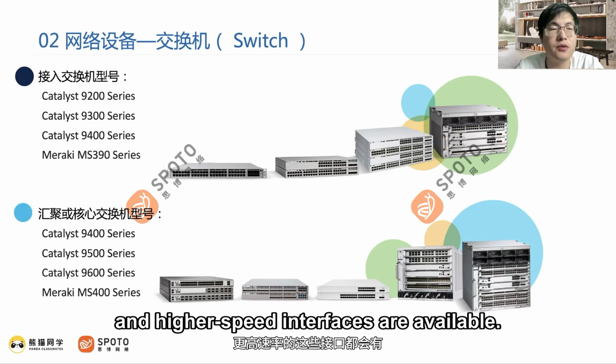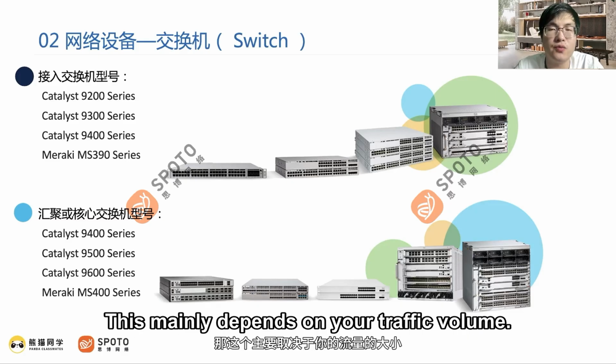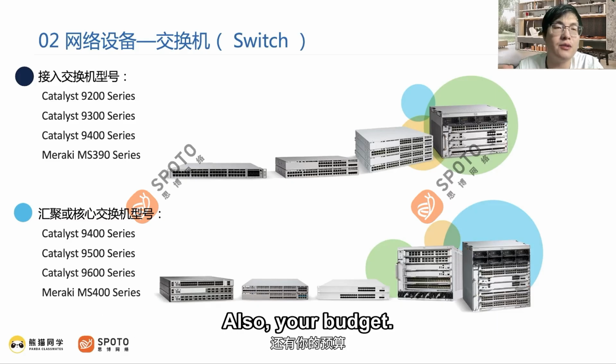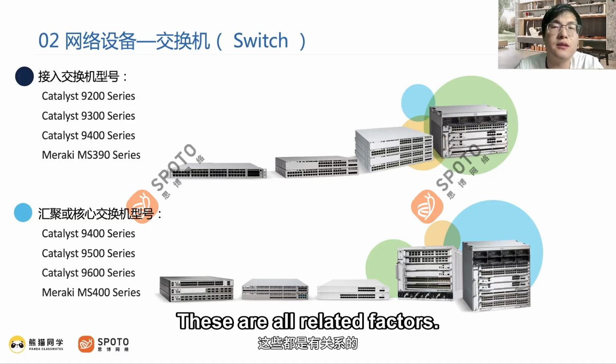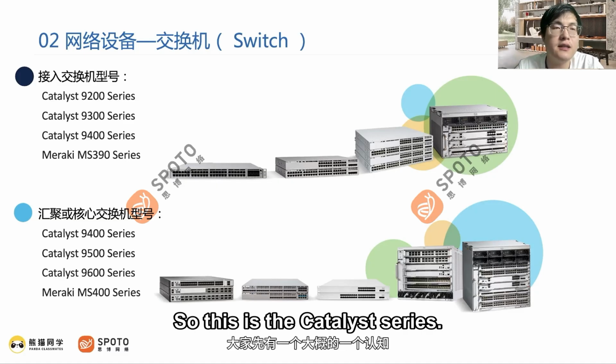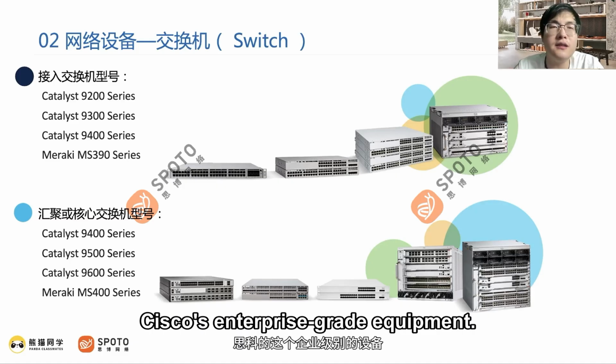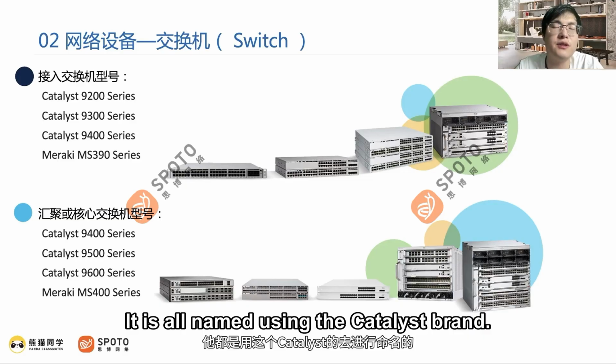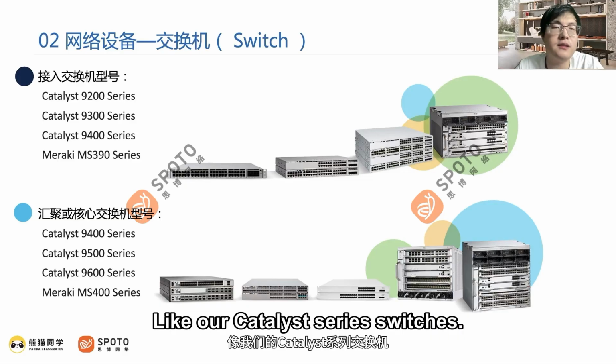And higher speed interfaces are available. This mainly depends on your traffic volume. Also, your budget. These are all related factors. Just have a general idea about this first. So this is the Catalyst series. Cisco's enterprise-grade equipment is all named using the Catalyst brand. Like our Catalyst series switches.